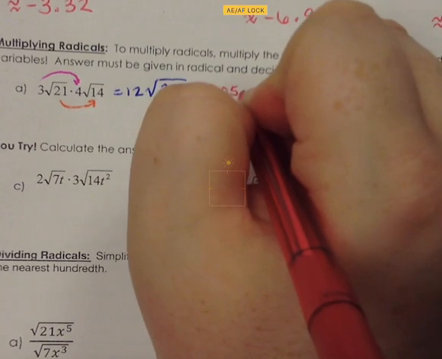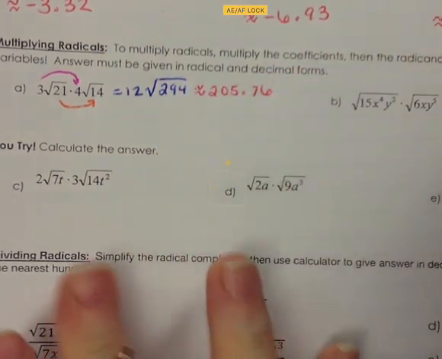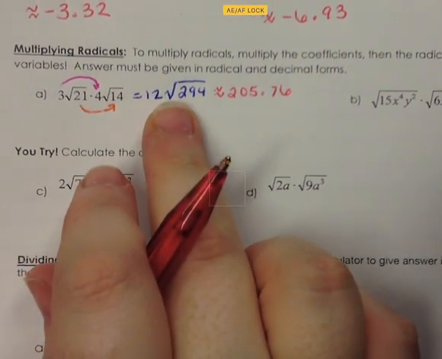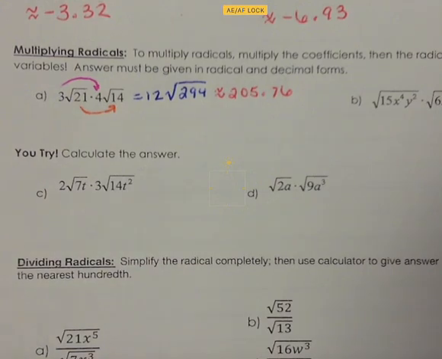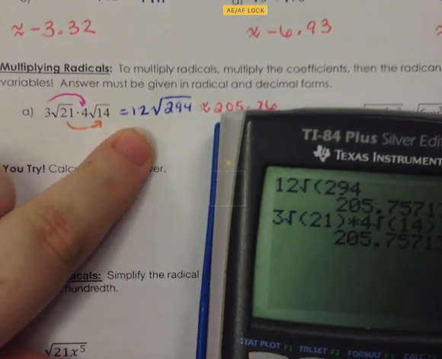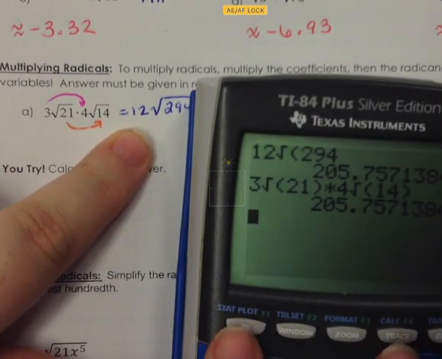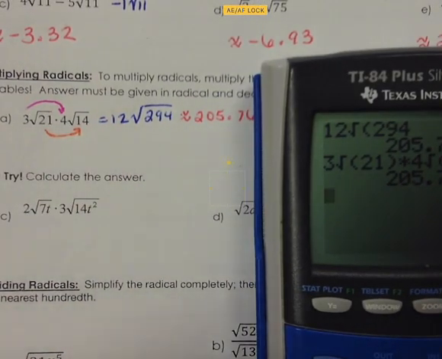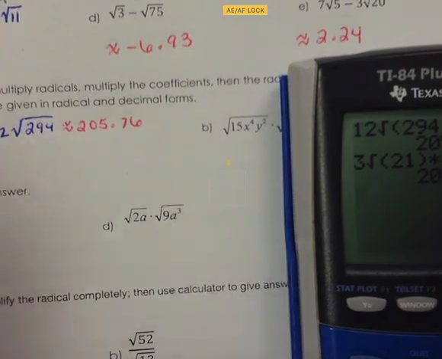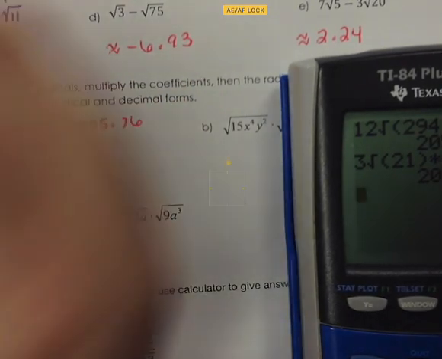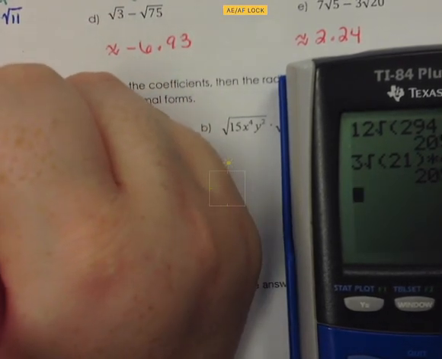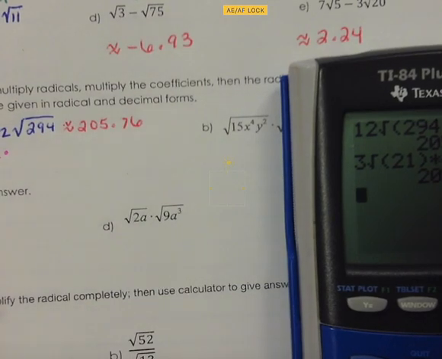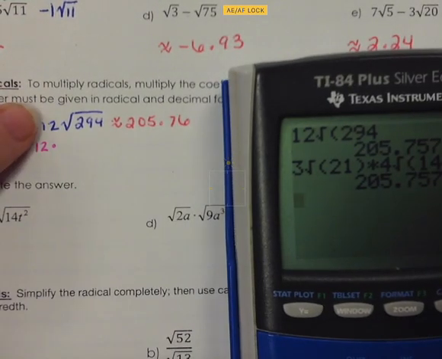205 and 76 hundredths. Now, to show you how to put this into radical form, we go back to using our calculator into our y equals. We're going to keep the 12 on the outside, times, because that's our original coefficient.